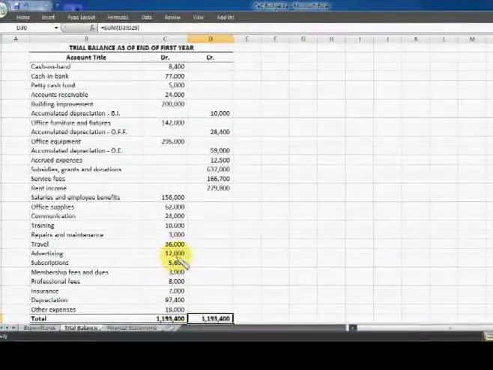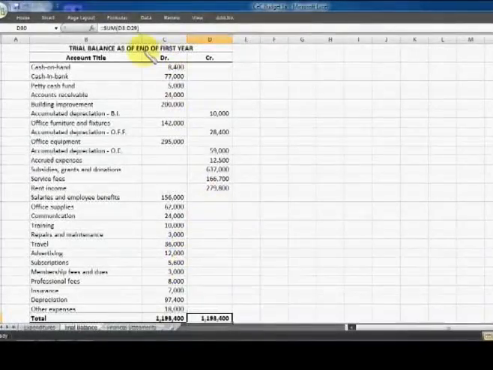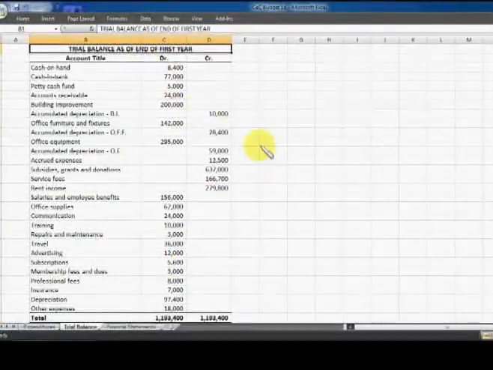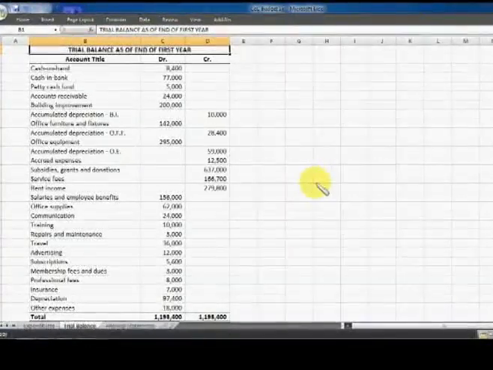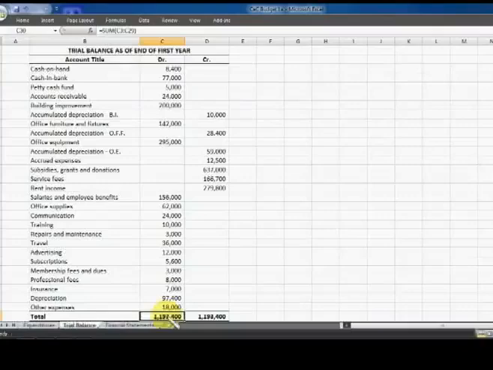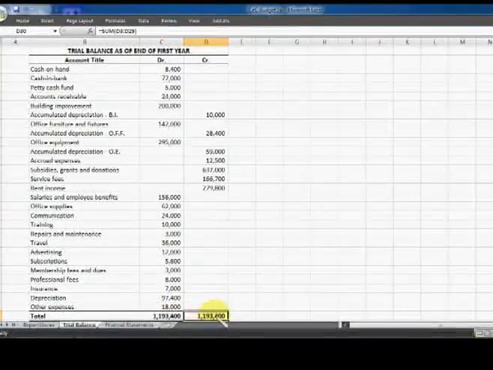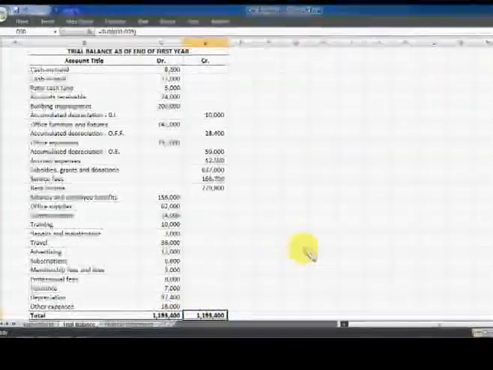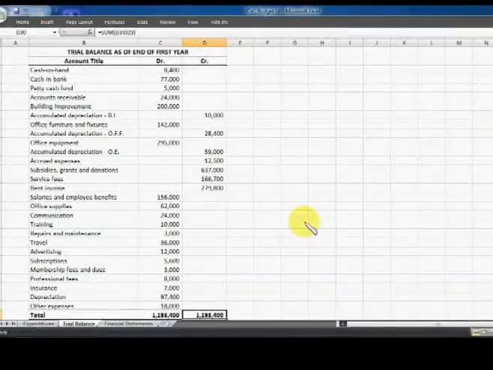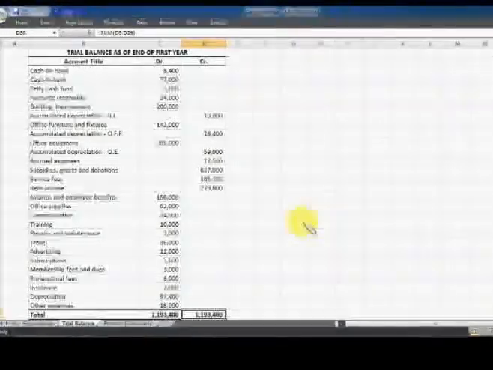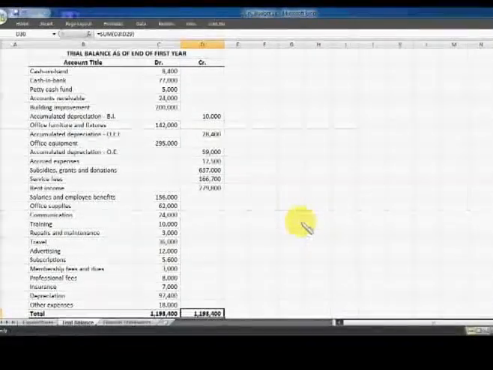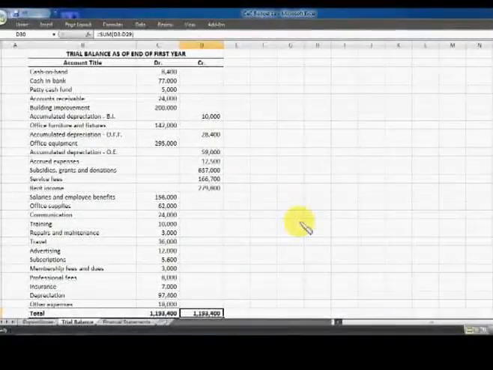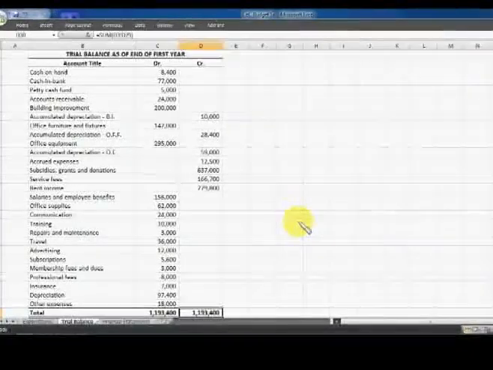Now, the trial balance that is derived from balances in the general ledger definitely may not be the final amounts that we will use in the preparation of financial statements, because there might be certain adjustments, corrections, or reclassifications that we ought to make before we proceed to the preparation of the financial statements.